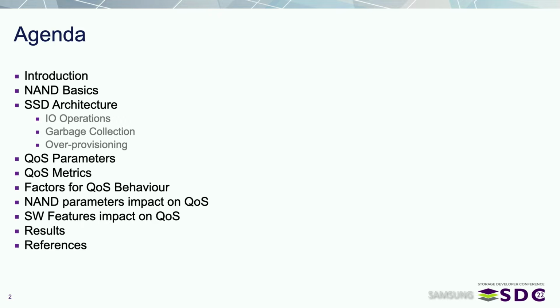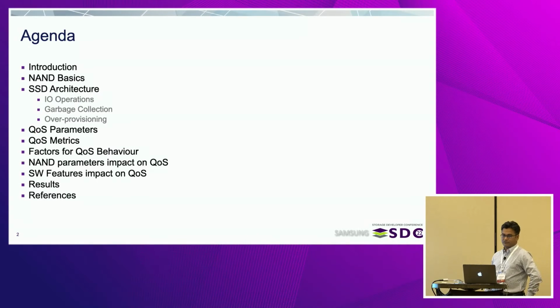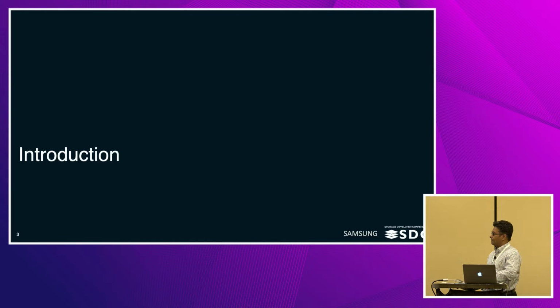Then NAND parameters and software policies of the NAND, and how they impact the QoS. And in the end, we'll see some results. These results are based on our experiments on various products.